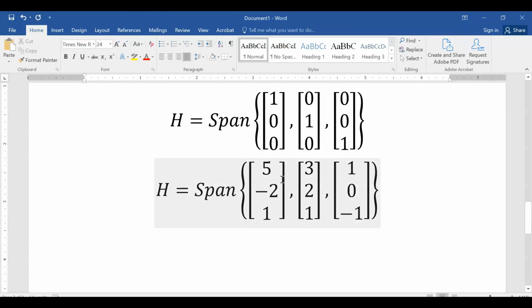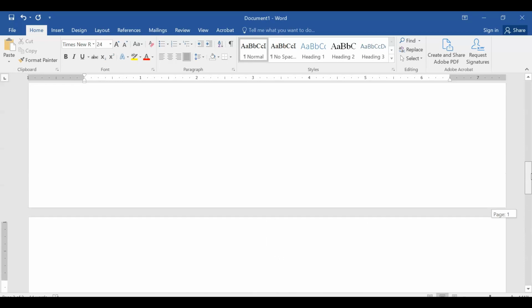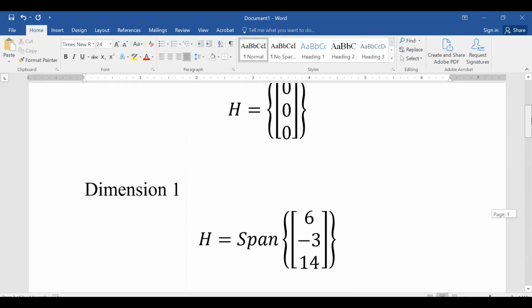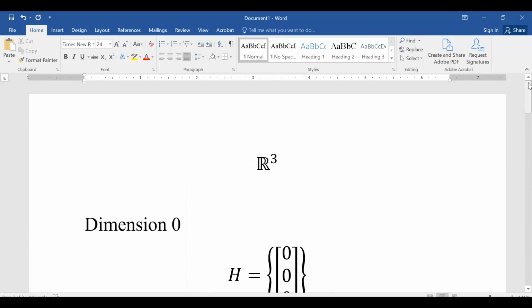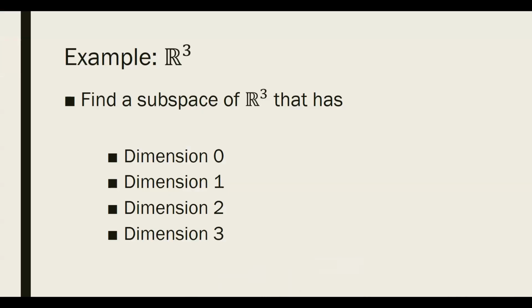You could plug these into your calculator and see that these in fact are linearly independent. So there we go. That's the idea behind dimension 3, dimension 2, dimension 1, and dimension 0 subspaces all inside of R3. Okay.